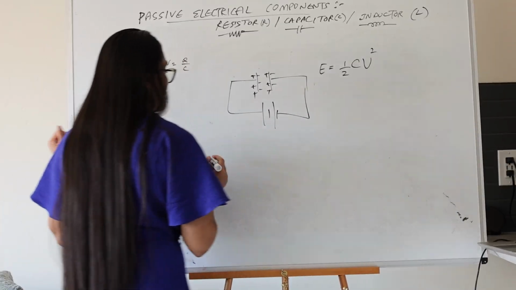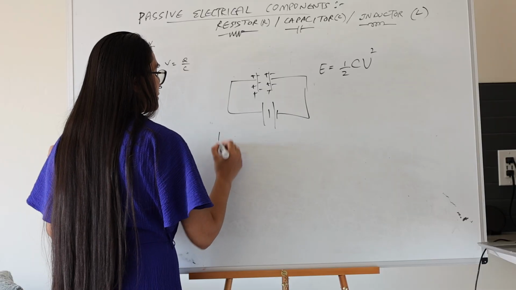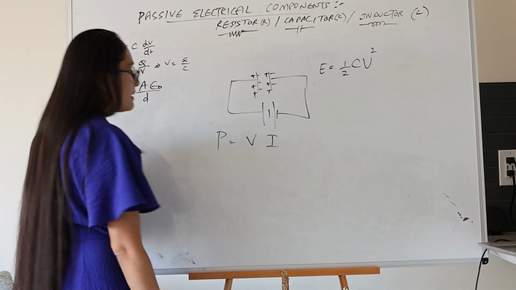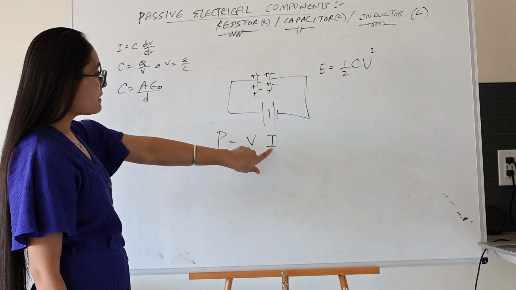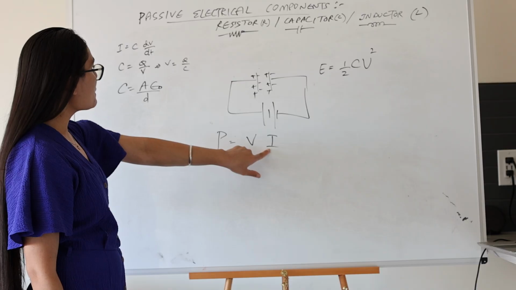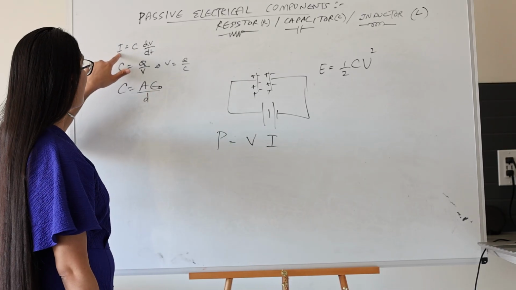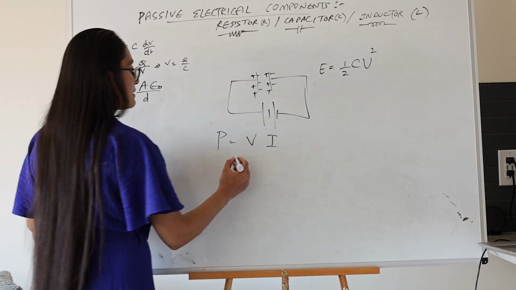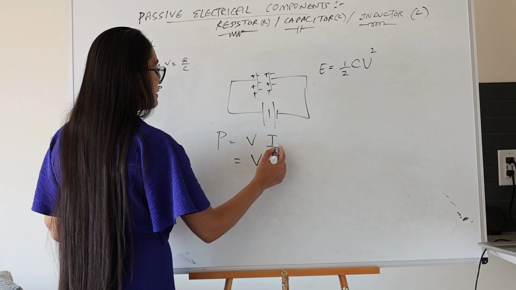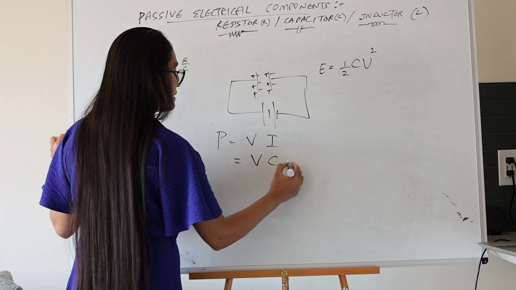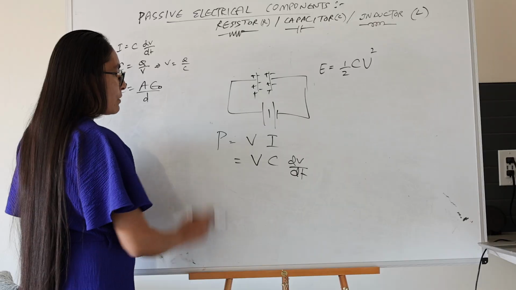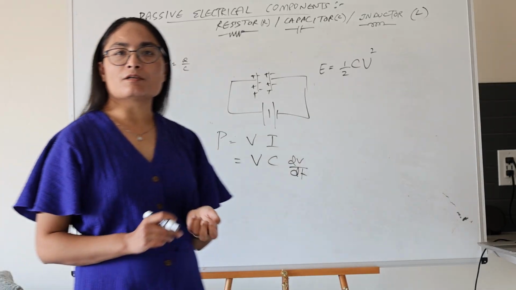Let's derive this. We know from the previous lecture, power is equal to V times I. And what do we know about the current for a capacitor? I equals C dV/dt. So if I replace I with C dV/dt. And what do we know about power and energy?